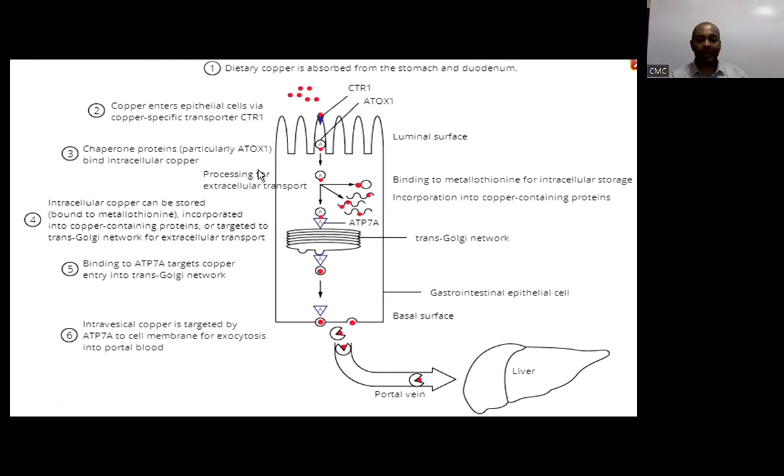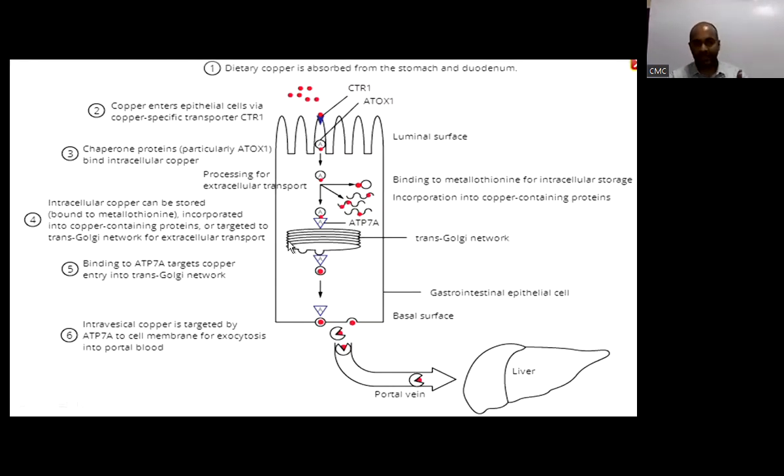Intracellular copper can be bound to metallothionein for intracellular storage, or incorporated into copper-containing proteins, or targeted to extracellular transport through the trans-Golgi network. Binding to the ATP7A protein targets the copper into the trans-Golgi network.